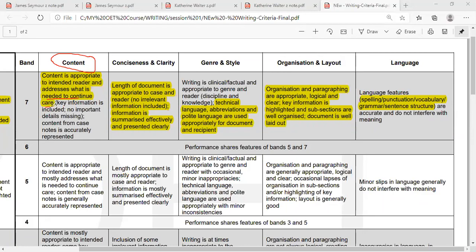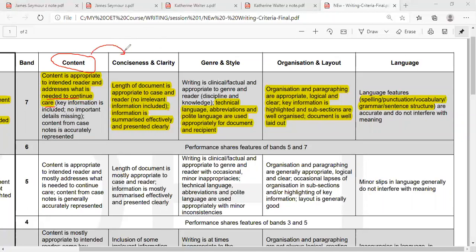I mean by this that the information or the data that I'm going to select from the given case notes, I have to select them according to what is important for the reader, the doctor to whom I'm going to write this letter, or the nurse or the occupational therapist to continue the care of the patient. This is concerning the first point, which is the content.